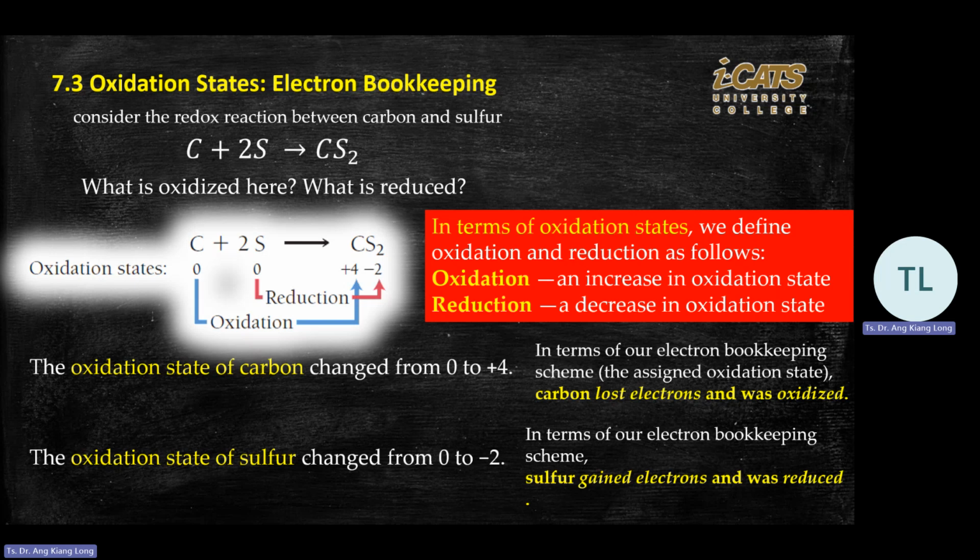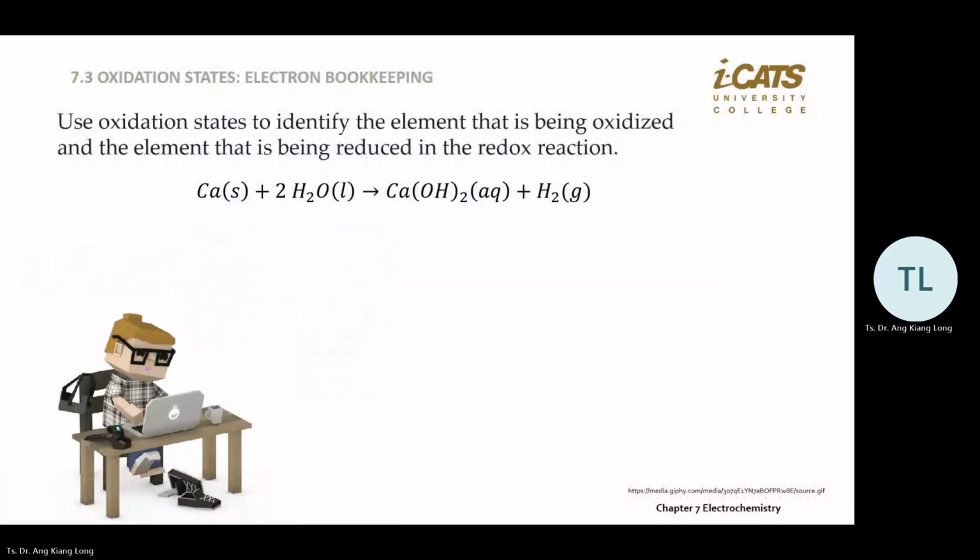Okay, I'll show you very quickly before we go. If you understand what we have covered so far, we apply what we learned. Use oxidation state to identify the element that is being oxidized and the element that is being reduced in the redox reaction.